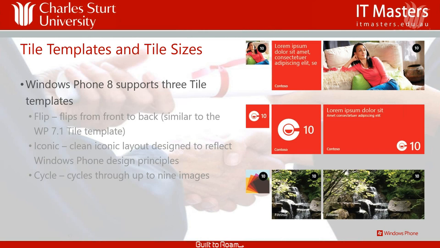The flip template pretty much remains the same, with the exception that you now have this wide tile format that you can interact with. The iconic template, as you can see in the middle here, is basically to cater for those applications that don't necessarily want to put imagery on there, but do want to highlight the count or the number of unread items or points of interest for the user.